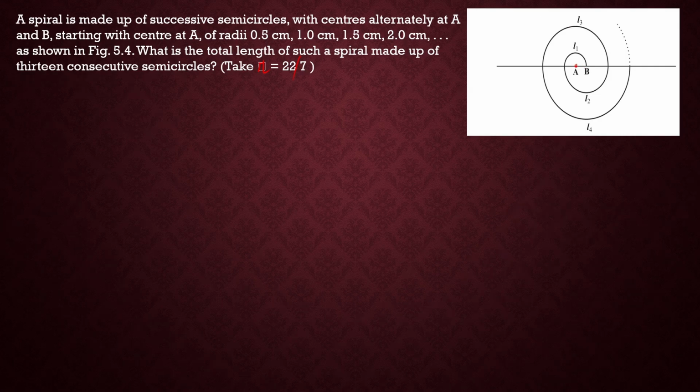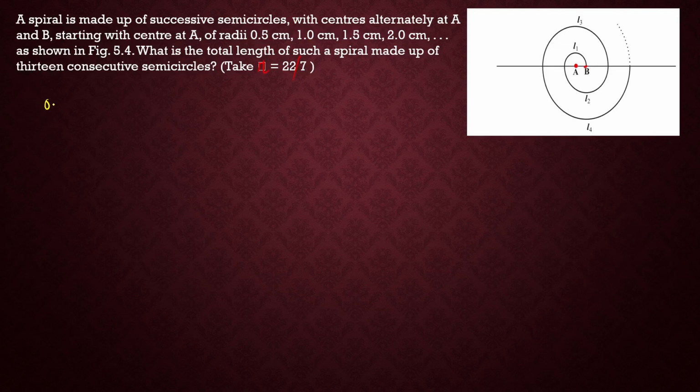So here A has to be considered as the first one to start the spiral, and next consecutively it goes with B. So first A, B, A, B, and it goes on like that. The first radius is 0.5 centimeter. Then it increases by 0.5 centimeter.